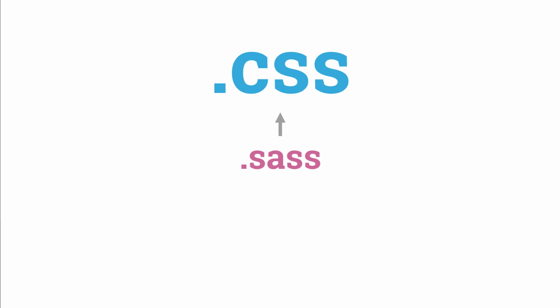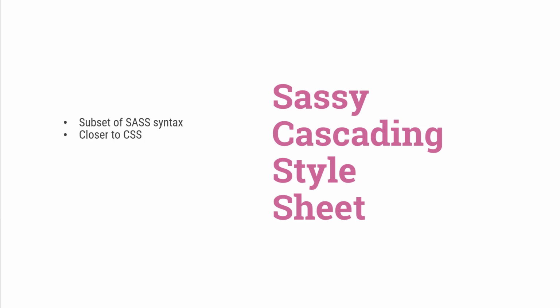Okay, so kung si SASS ay based dun sa ating CSS, si SASS CSS naman is ibinase naman siya dun sa SASS. It is closer to CSS because it uses semicolon and braces. And this is the newer syntax. Kasi yung original syntax is yung SASS, as I said kanina, na subset of SASS syntax si SCSS.